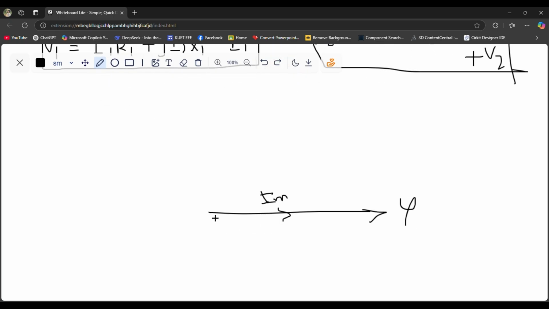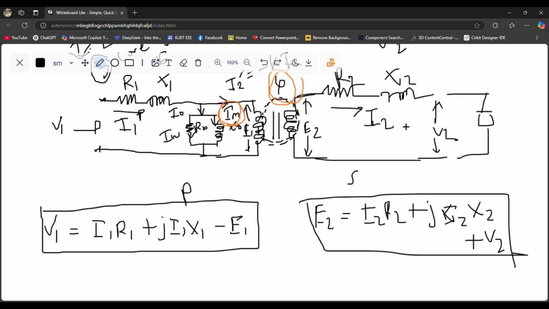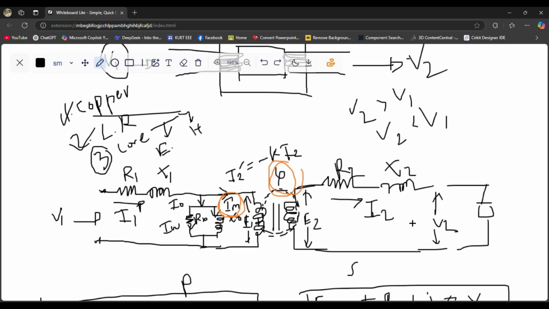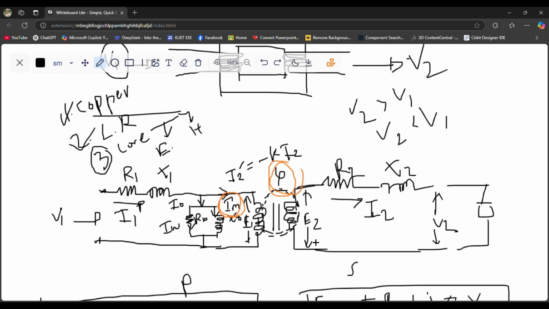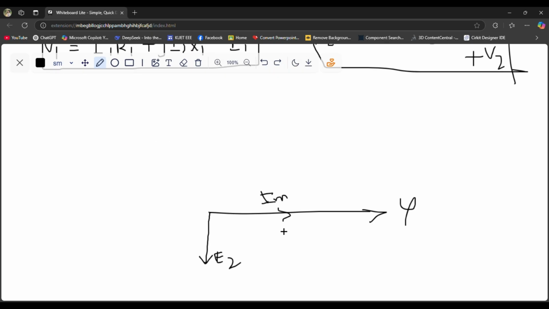So if I draw E2 like this, then this will be correct because E2 is lagging this phi by 90 degree angle. And then if we look at the secondary side, we can see that this is an inductive circuit somehow. You know, we have the leakage reactance, we have the coil, and this circuit will be something like inductive. So this I2 will lag this E2 by some angle, like this one. I2 is lagging E2 by some angle.